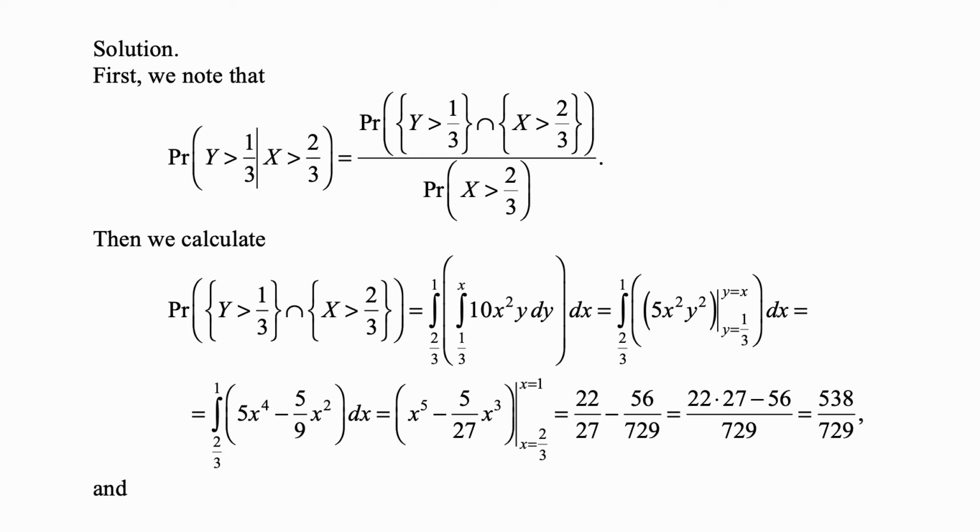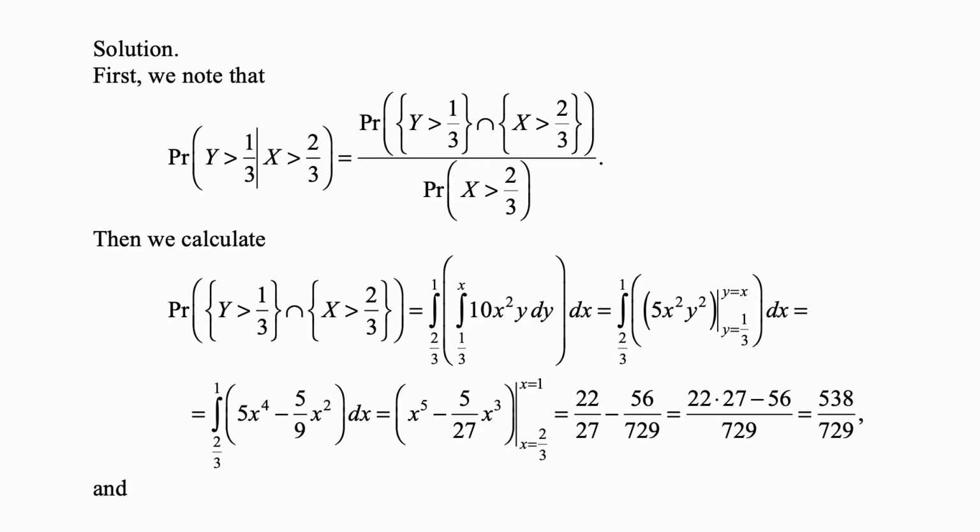And what is that? Well, we take the integral with respect to x, so the integral of 5x to the 4th is x to the 5th. And the integral of minus 5/9 x squared is minus 5 over 27 x cubed. And we evaluate this whole function from x equal to 2/3 to x equal to 1.